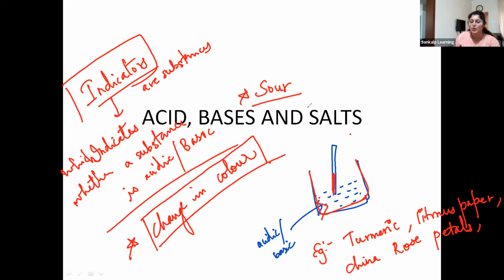Substances which taste sour are called acids. The chemical nature of such substances is acidic.